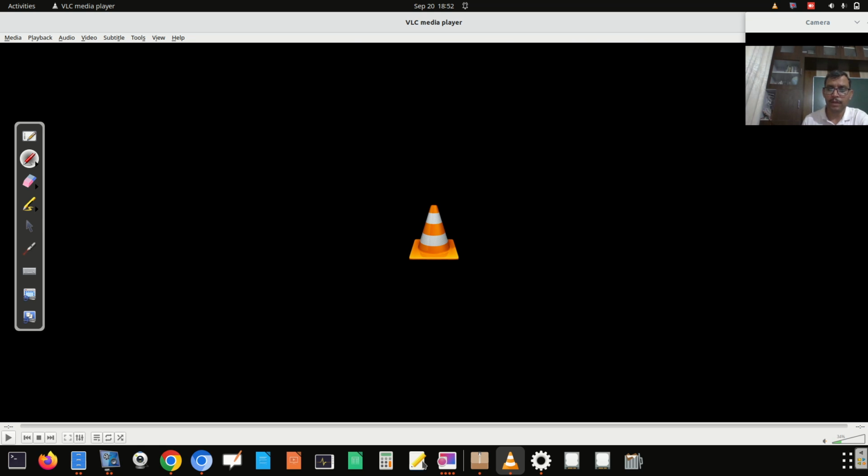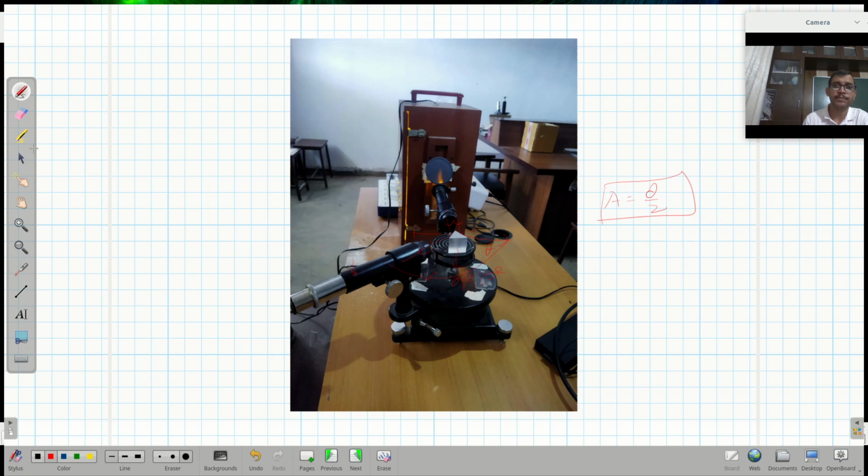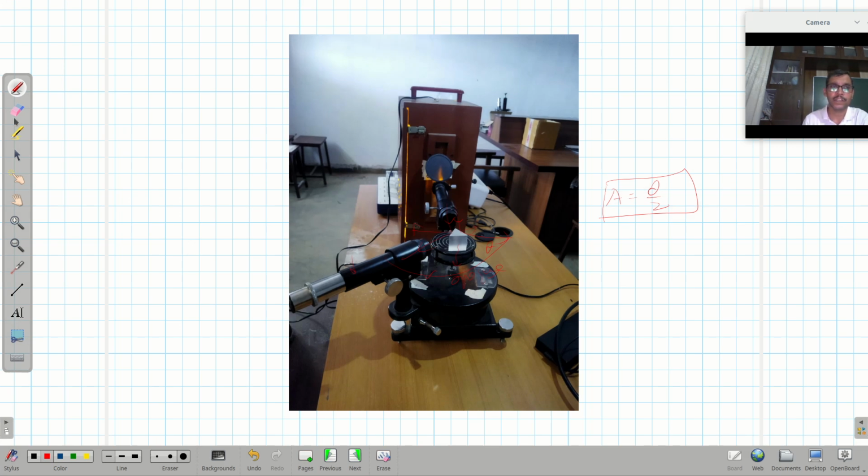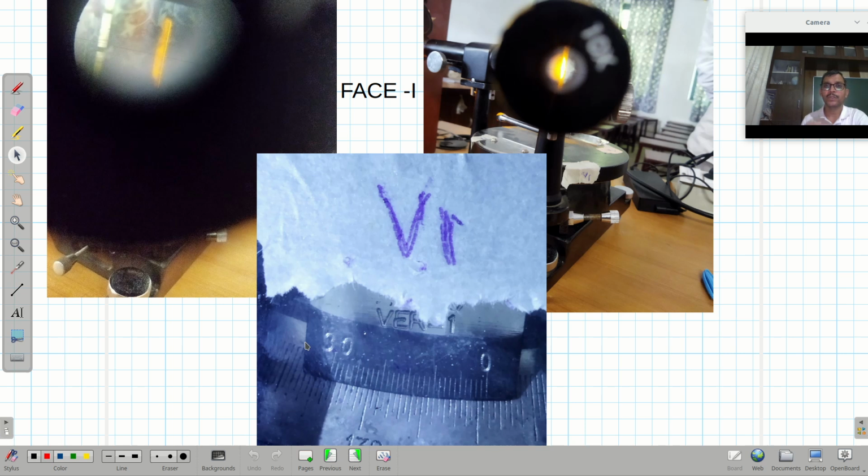So now let us take the readings. So here I talked about this also. Yeah, so this is phase 1, and when the telescope is in the phase 1 position, then this is the slit.